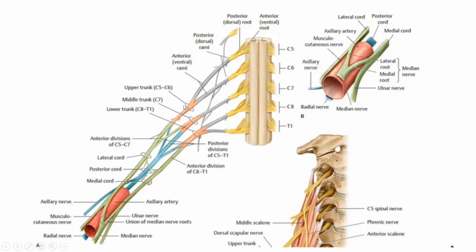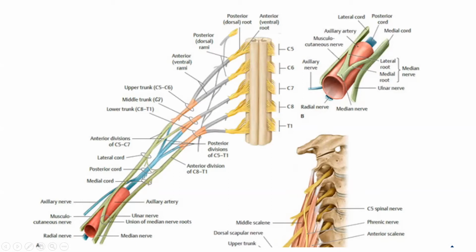The upper trunk is joined by the ventral branch of the spinal nerve from segment C5 and C6, as you see. The middle trunk is the continuation of the ventral branch of the spinal nerve from segment C7, continuing without joining with any other ventral branch, and it forms the middle trunk.